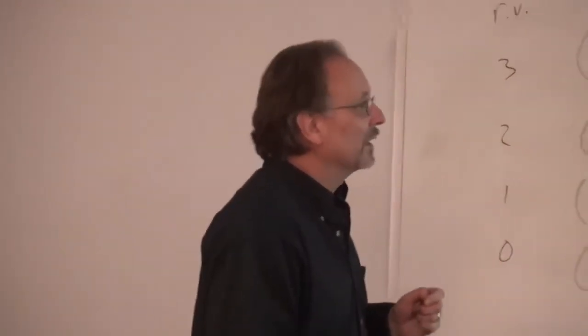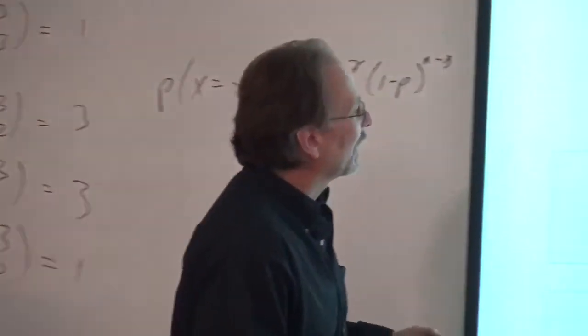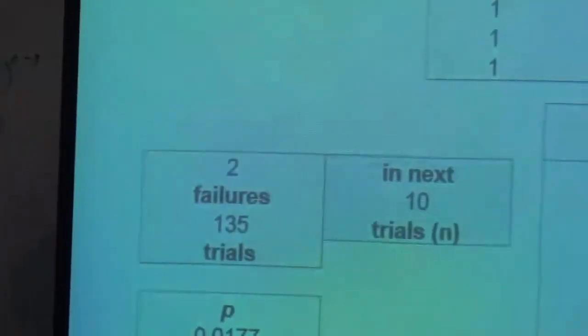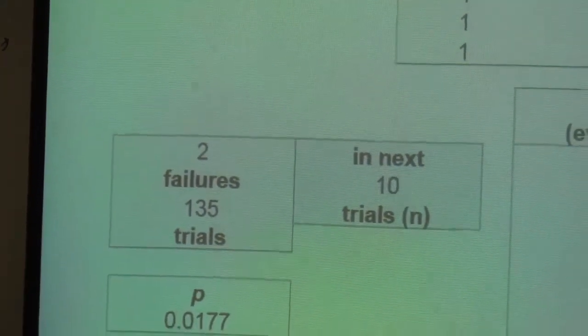But anyway, let's say that they're restarting up the shuttle, and they're going to run 10 more missions, and they want to know the probability of having a crash in the next 10 missions.